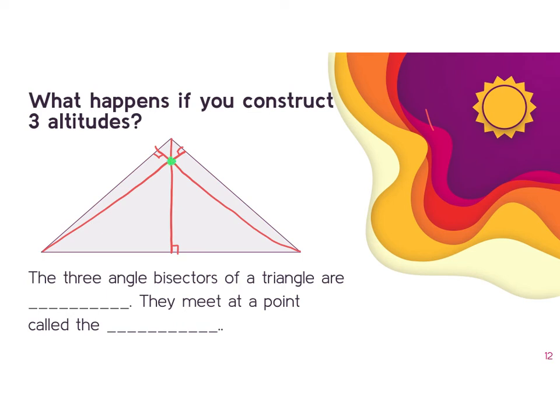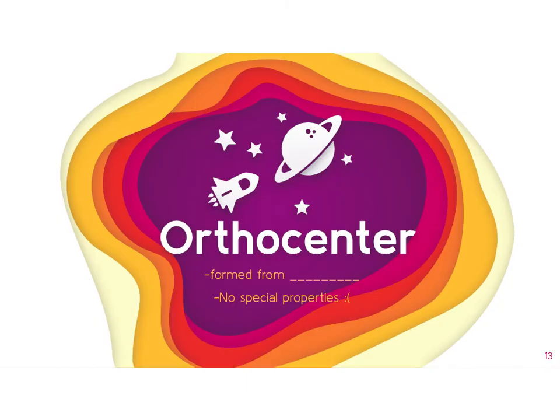So the three altitudes of a triangle are concurrent, and they meet at a point called the orthocenter. The orthocenter is formed from altitudes. And in this one, there's no special properties like the other two.